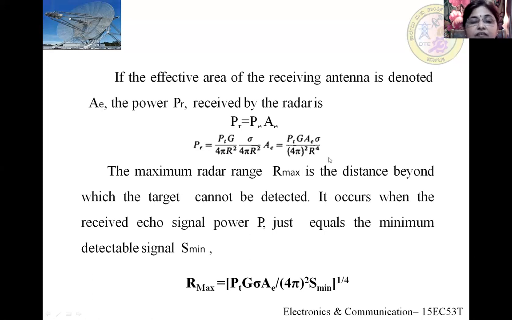Simplifying, we get R max is equal to... When the radar range is maximum, the received signal will be minimum, so we substitute it as S minimum. On the LHS we have R max, and on the RHS the other things. By simplifying we get R max is equal to the fourth root of PT G sigma AE divided by 4 pi the whole square into S minimum.